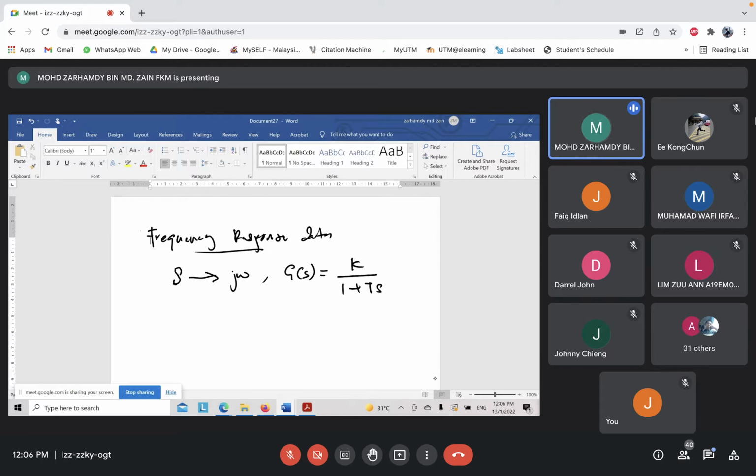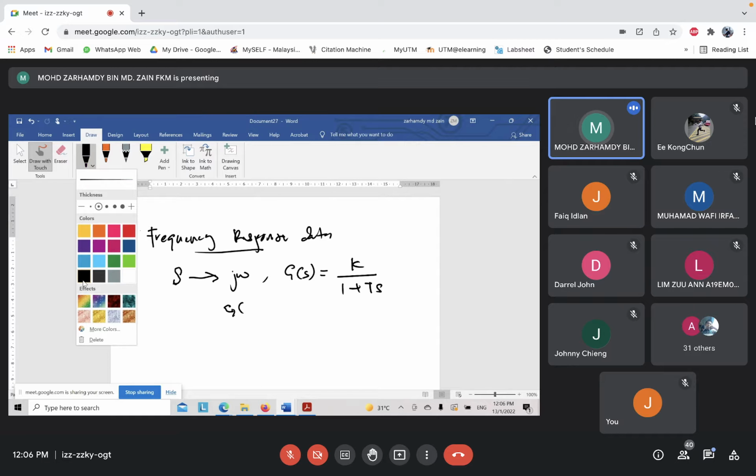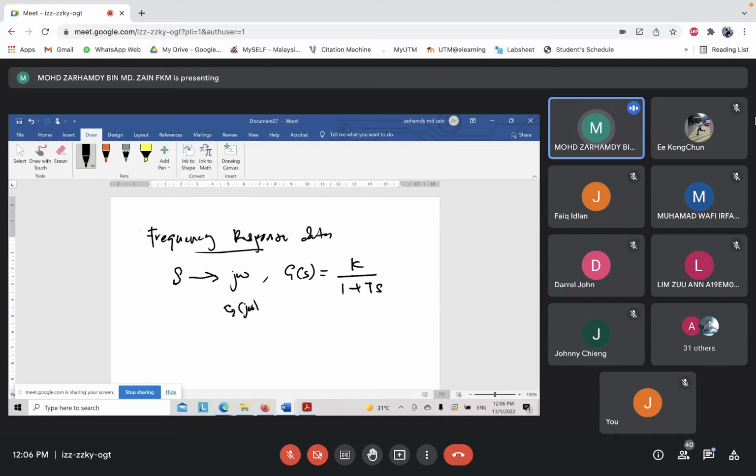Based on the frequency response, we change S to j omega, K is constant, same, and T is the time constant. So this is the procedure for the frequency response.